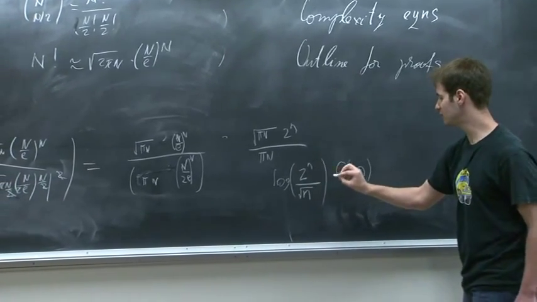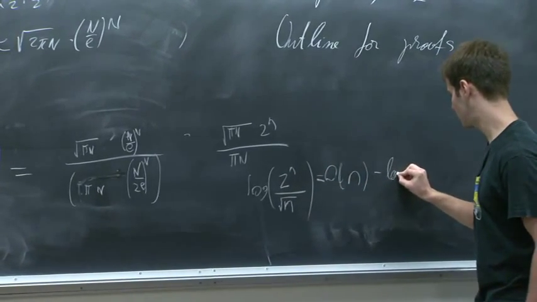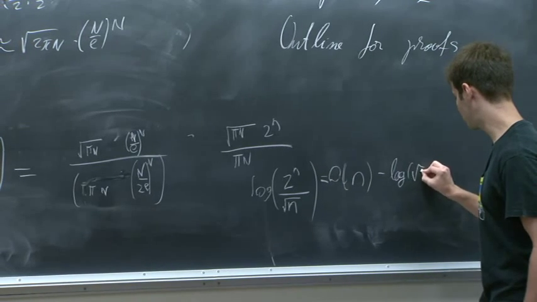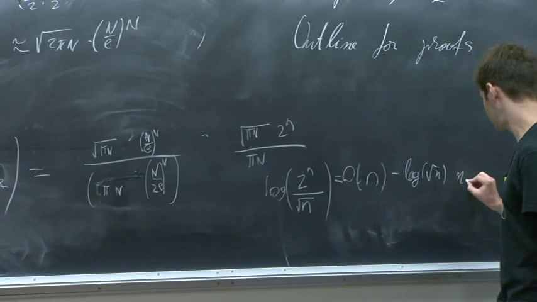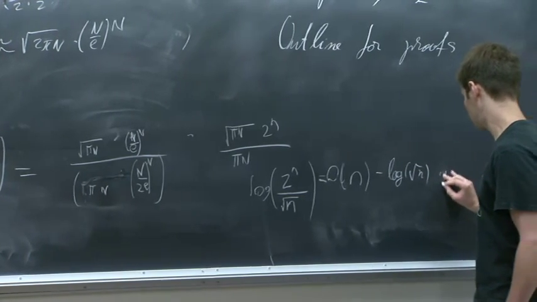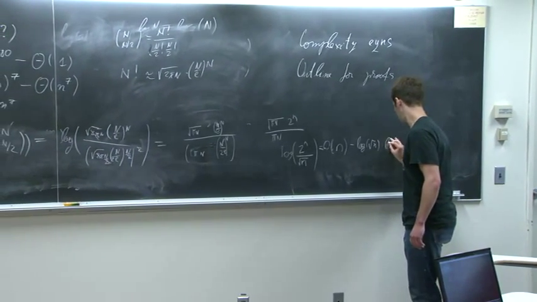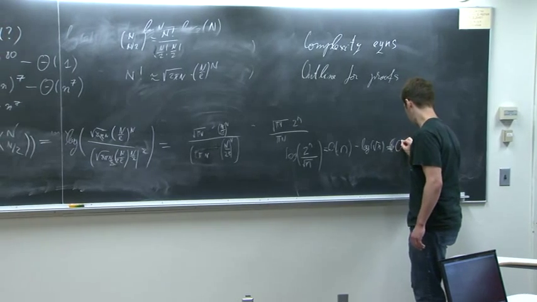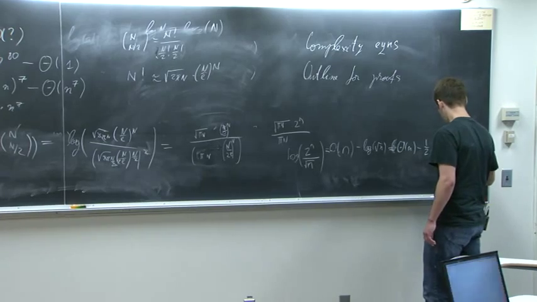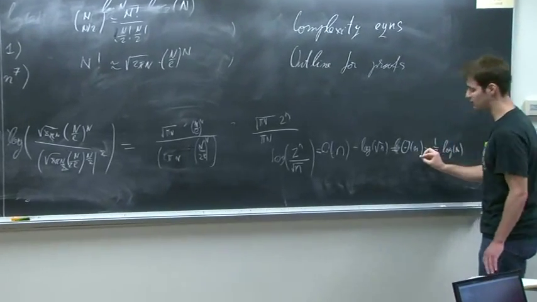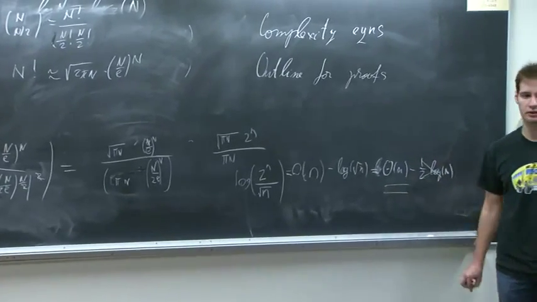Once you get here, you get order n minus log of square root of n, which is order n minus 1/2 log n, and the log n is much smaller than n, so this goes away completely, and you get this as your final answer.